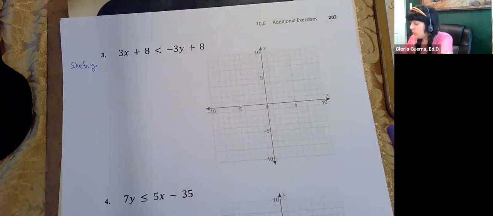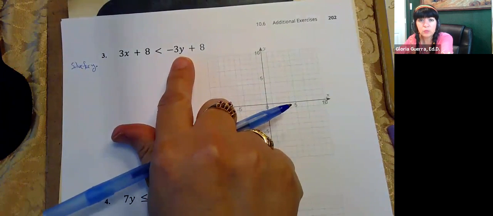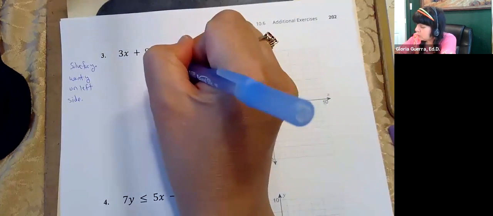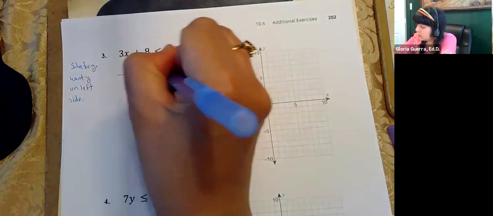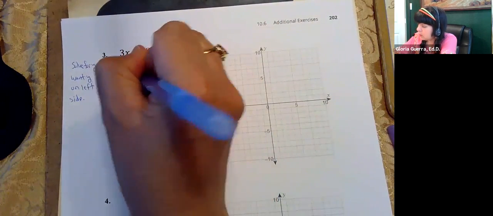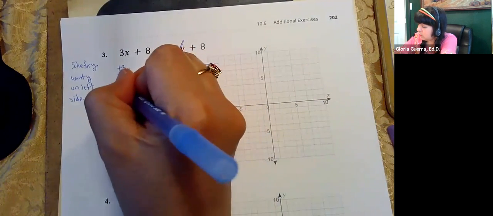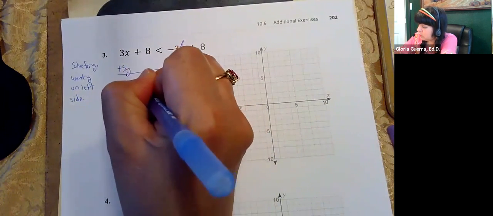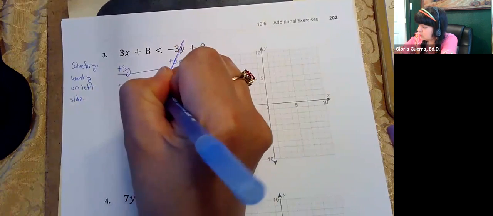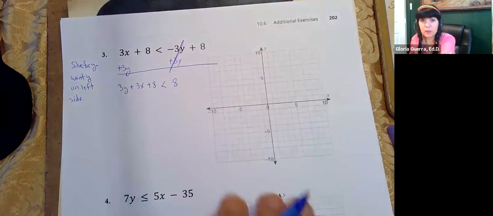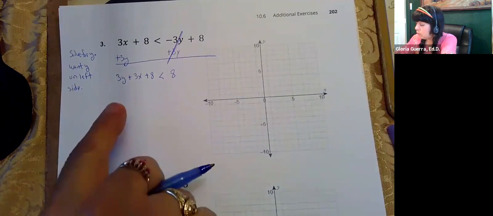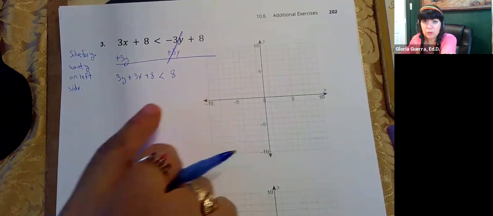I see how y is on the wrong side. When you solve for y, you want y on the left side. So I'm going to start by adding 3y to both sides so that I can move that over here. So now I have 3y plus 3x plus 8 is less than 8. And then I'm going to move the 3x over, and then I'm going to move the 8 over.